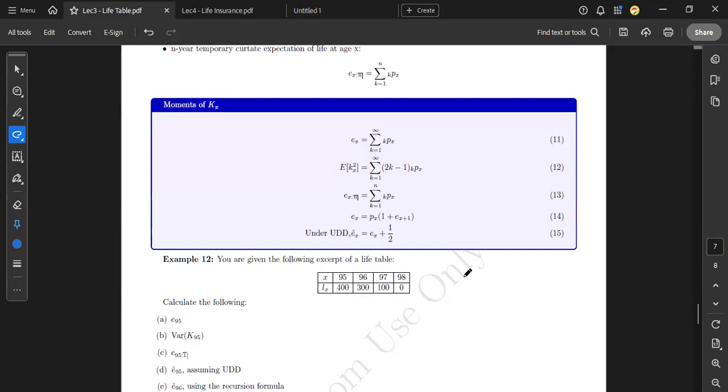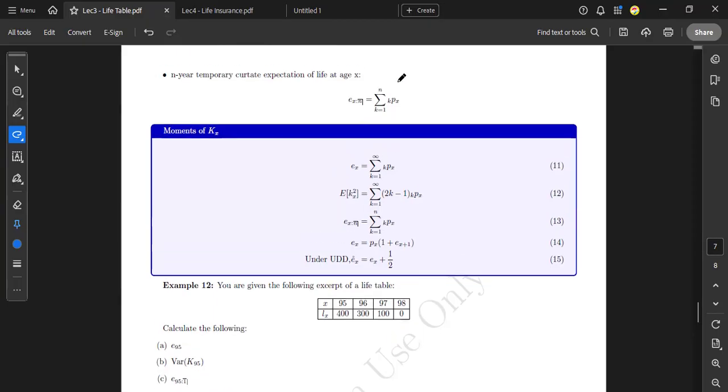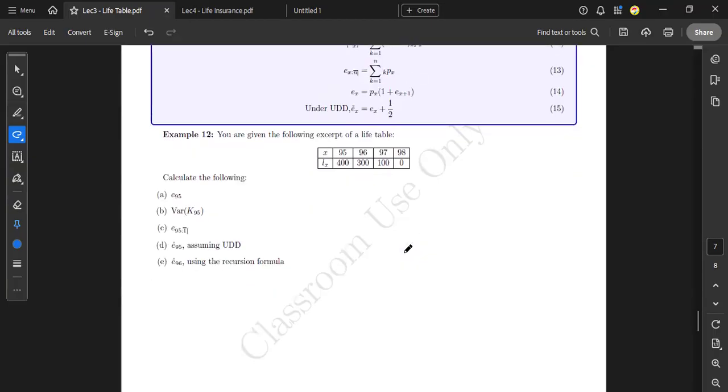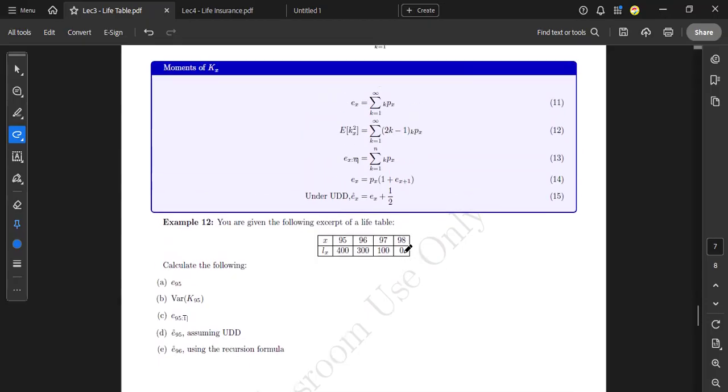But you can think it's like this. So when you expand it, in here, x to infinity. So that's why it goes from 1 to infinity. In here, it goes from x to x plus n. That's why it goes from 1 to n. So that's a way we can recognize or memorize this equation.